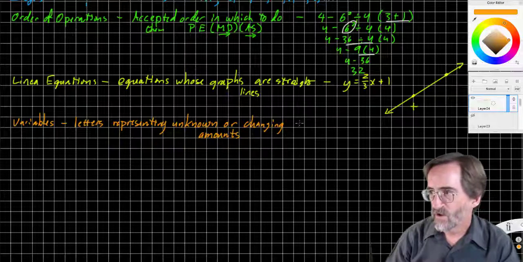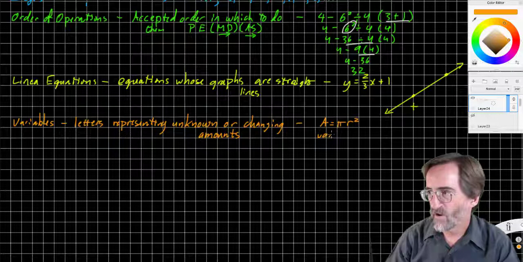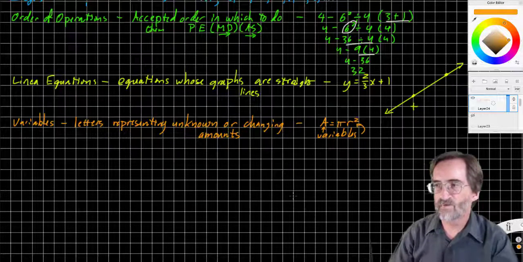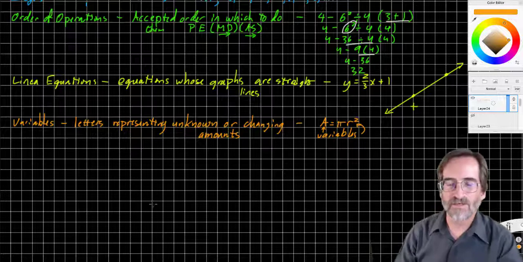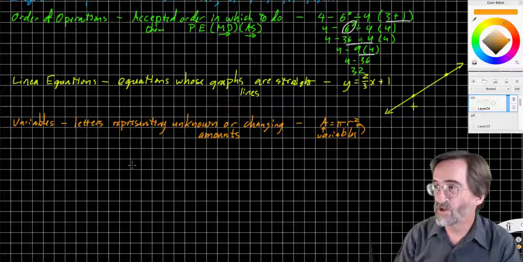Okay? The formula A equals pi r squared. These are variables. A and R are variables because they represent quantities that change or are unknown.